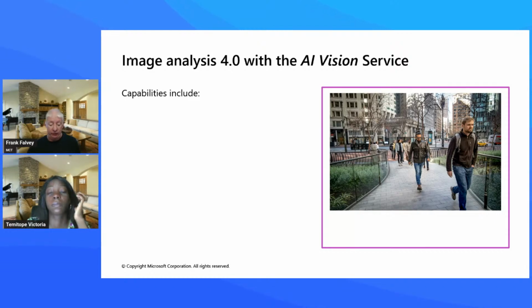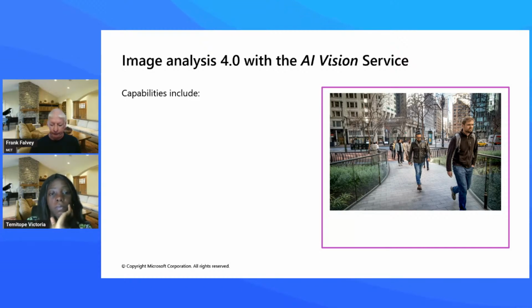You can use Azure AI Vision Studio on portal.vision.cognitive.azure.com. I know that sounds like a lot now, but I'll post some of these things on LinkedIn after the show, links to where you can actually get this stuff.